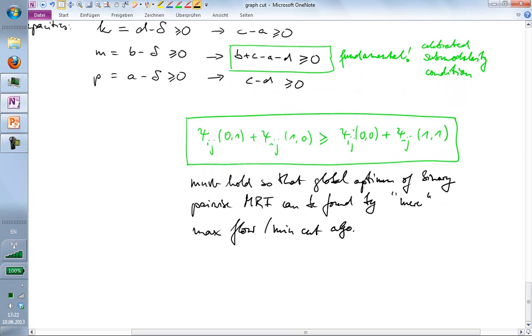So it's exactly like you say, again, this is a kind of smoothness assumption. It says the energy of having label 0, 0 or label 1, 1, if you add these two energies up, they should be less than the penalties that you incur for a label change.